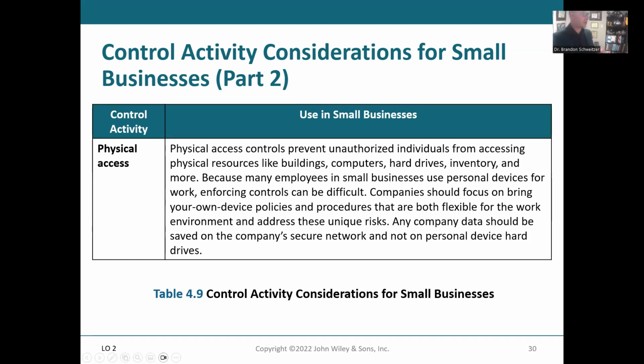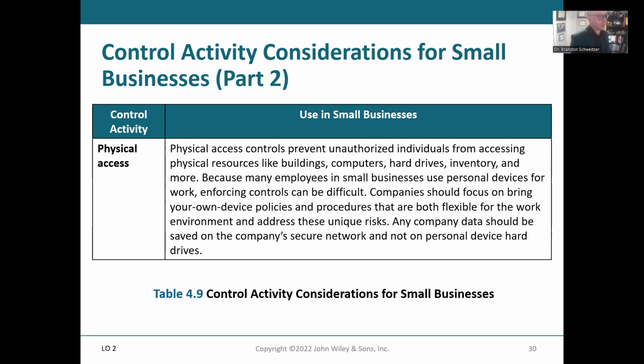Another mitigation strategy is physical access. The individuals counting the cash should not be the same individuals receiving the cash. You see, physical access, having things separated is really, really important. This helps us to prevent other unauthorized individuals from gaining access to our assets, right?